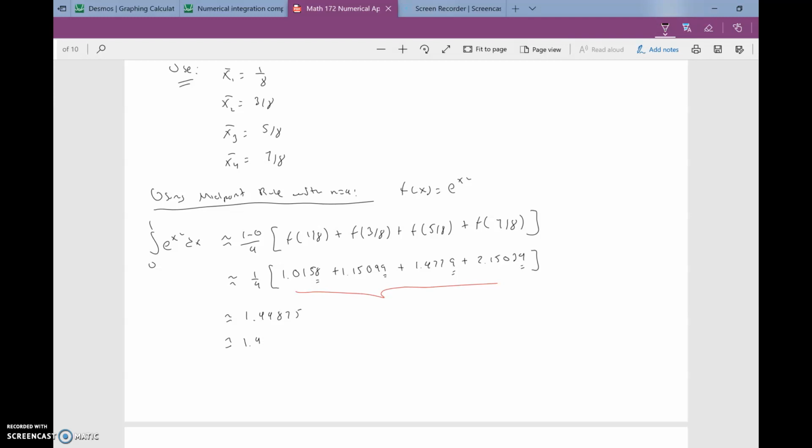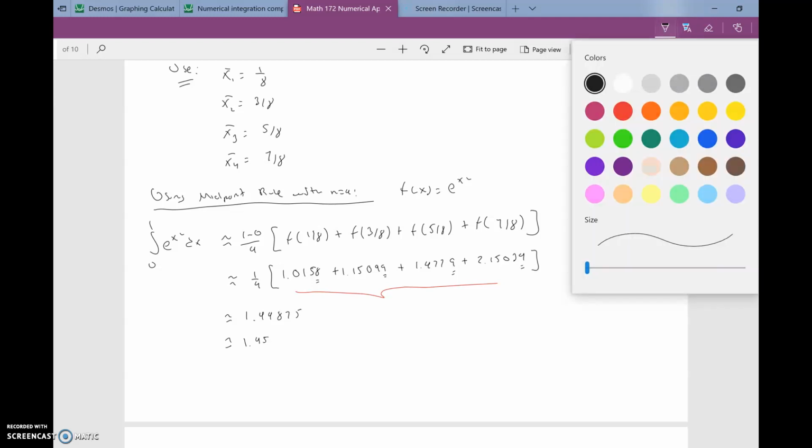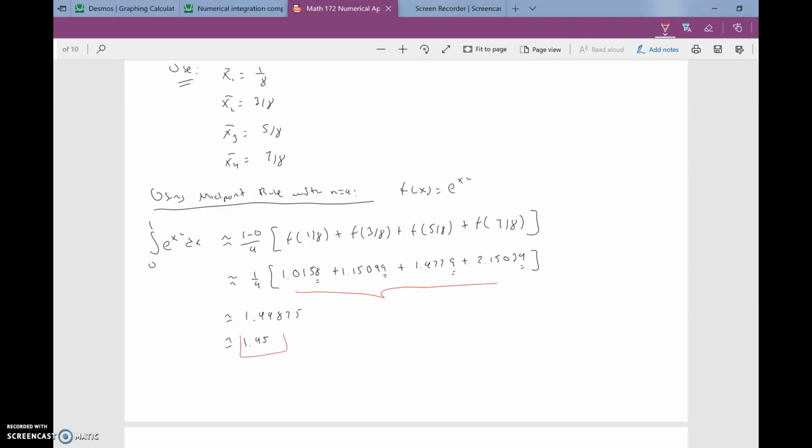So I'm getting 1.45-ish. So I'm just looking at the approximations. Let me just double check to make sure that I'm not missing anything. Okay, it's just a little bit of rounding error, but I'm getting that it should be about 1.46 rounding to 2 decimals.